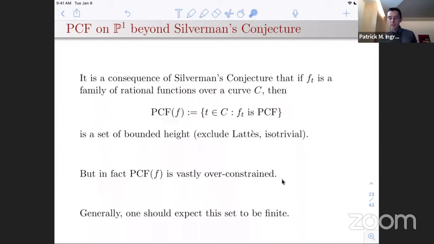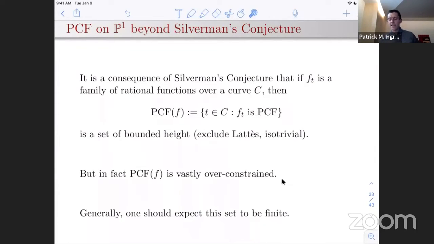Okay, so let me very briefly mention this dynamical Andre-Oort conjecture. Let's imagine we have a one parameter family of rational functions. From this result of Thurston, we know that except for these lattice examples, which I'm going to ignore, your one parameter family of rational functions can't all be post-critically finite unless it's a constant family or something like that. So in general, the set of specializations which are post-critically finite is going to be a set of bounded height, as a consequence of this conjecture of Silverman's, which is now a theorem.